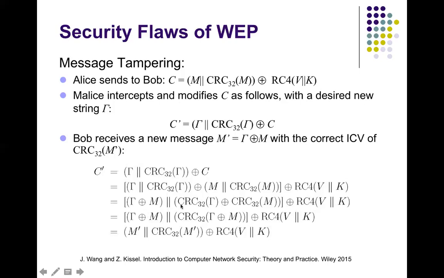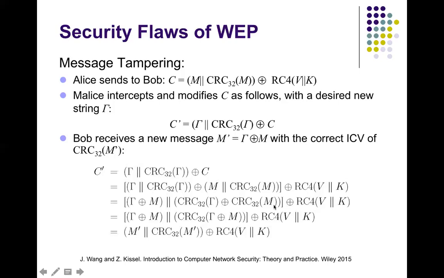So exclusive OR is a new string, and the result is gamma exclusive OR M, followed by CRC32 of gamma exclusive OR CRC32 of M, and then exclusive OR this.